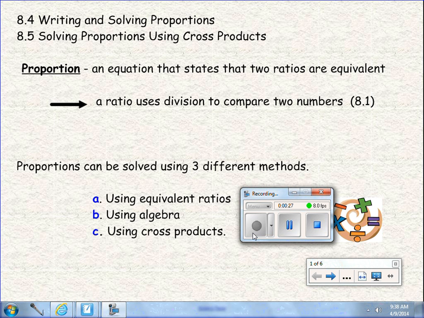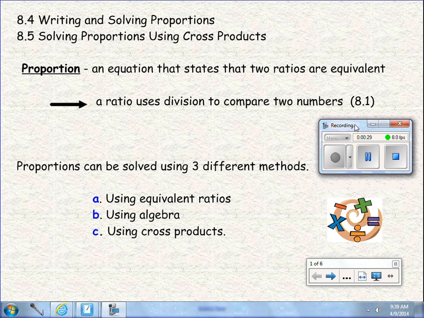So, in our lesson today, we're going to talk about proportions that can be solved using three different methods. The first one, A, we're going to be using equivalent ratios. B, using algebra. And C, using cross products.